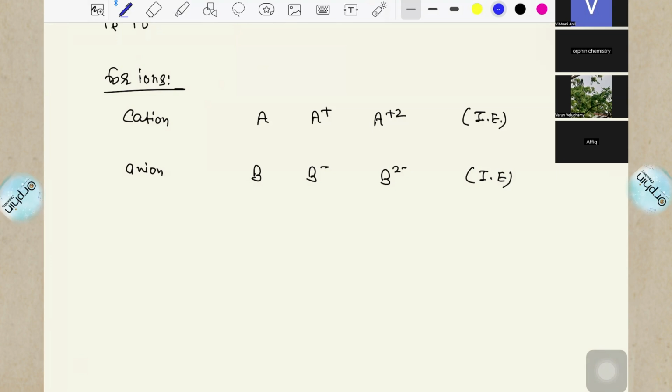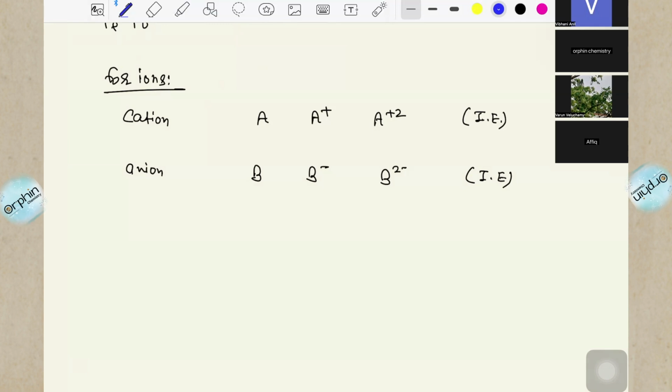Are you sure? Have you thought what order you are telling? Okay, fine. So A plus 2 will have highest, then A plus, then A.